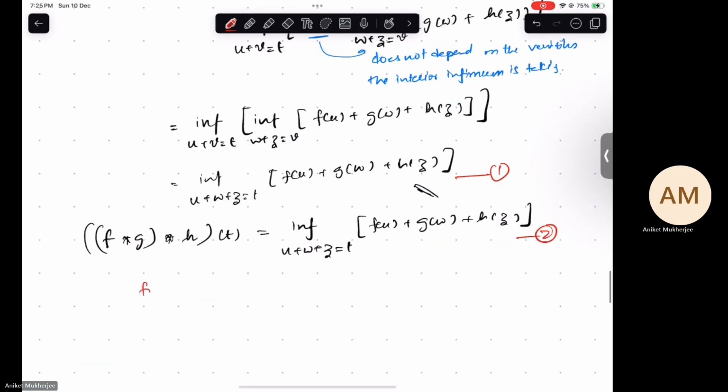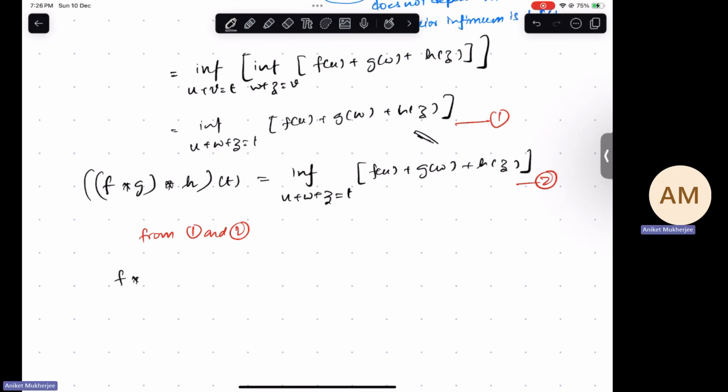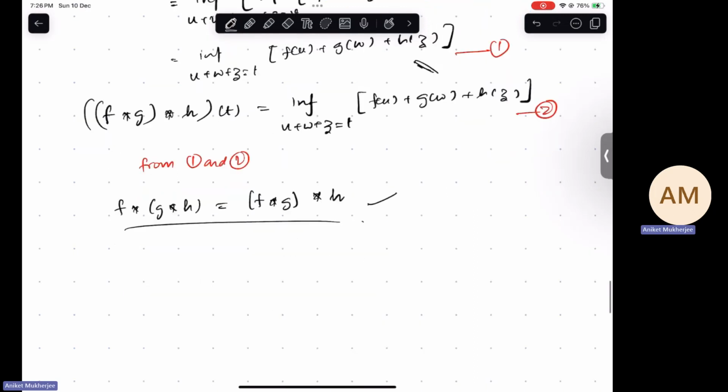So from 1 and 2, we get that f convolution (g convolution h) equals (f convolution g) convolution h. So the second thing is proved.